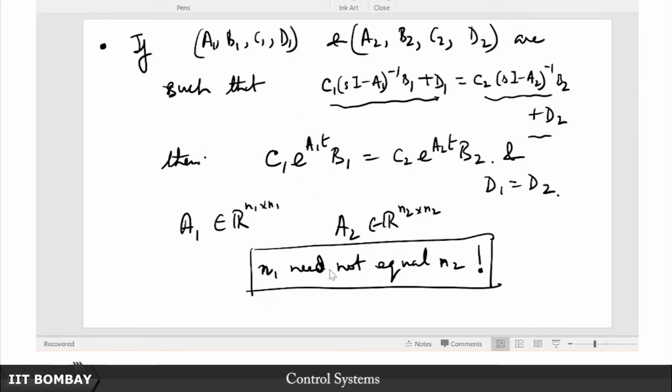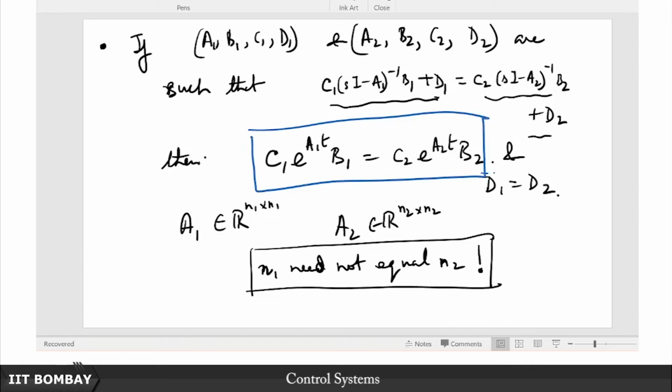In this result we are saying that you could have common factors, so long as the effective transfer function after cancelling out the poles and zeros is the same for both systems. N1 and N2 need not be equal; even then this result is going to be true.